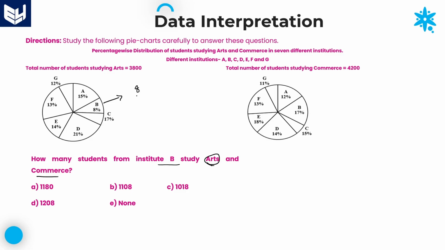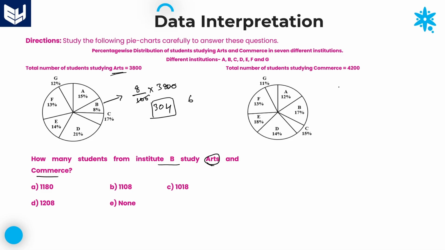Arts has 8% in Institute B out of the total 3800. Two zeros cancel. 8 eights are 64, 6 is a carry. 8 threes are 24, 24 plus 6, 30. So 304, Institute B Arts 304.